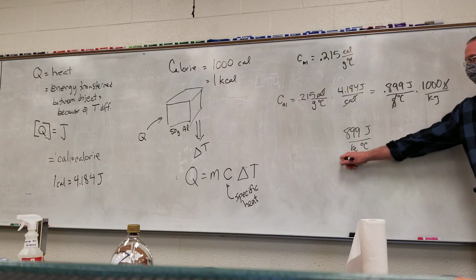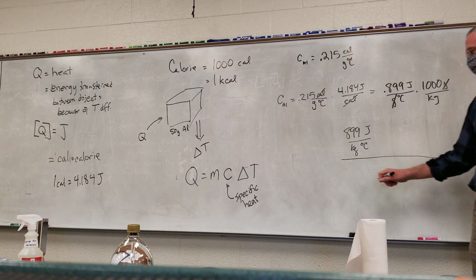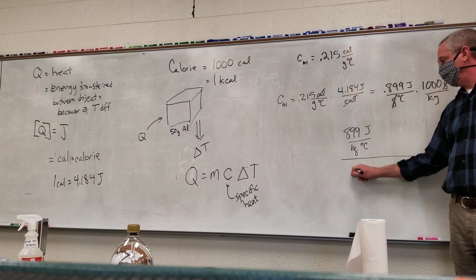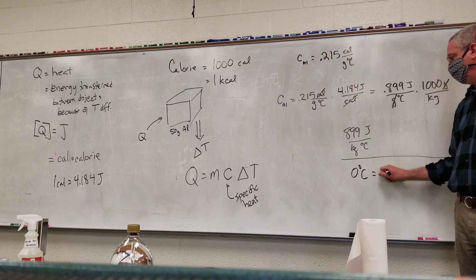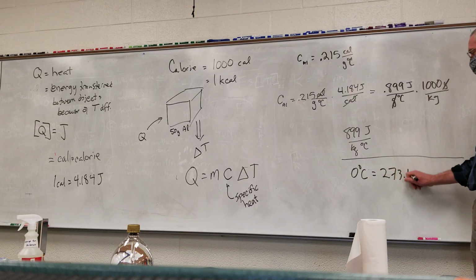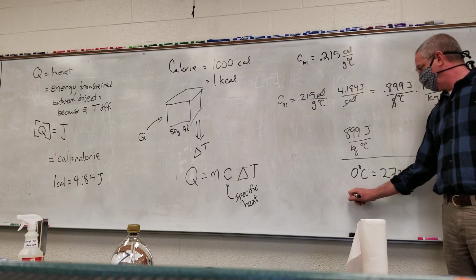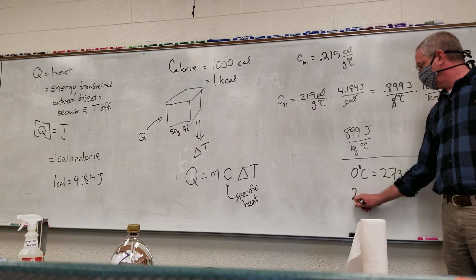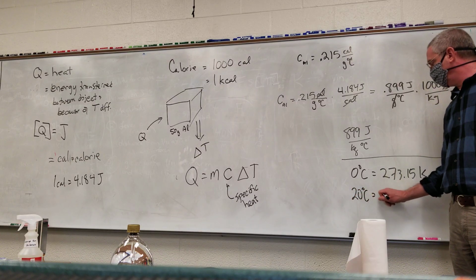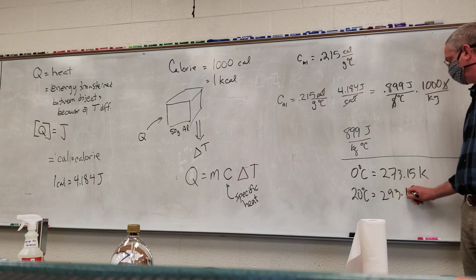So let's go back to the conversion between degrees Celsius and Kelvin. 0 degrees Celsius is 273.15 Kelvin. 20 degrees Celsius is 293.15 Kelvin.